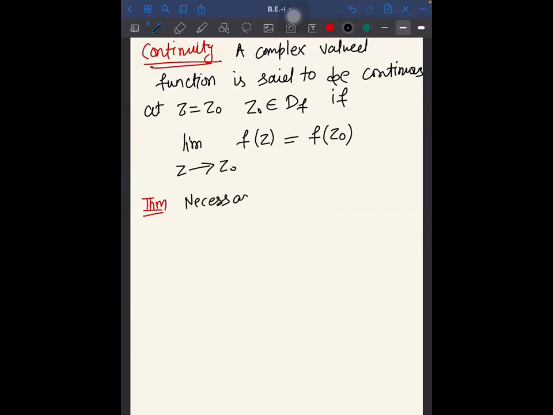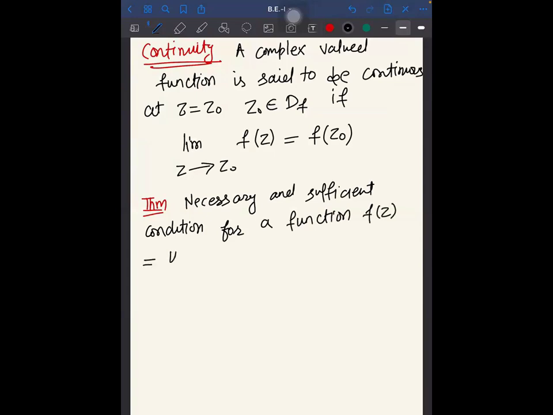Necessary and sufficient condition for a function f of z equal to u(x,y) plus iota v(x,y). That's what we have done. f(z) can be expressed in terms of u(x,y) plus iota v(x,y), right?